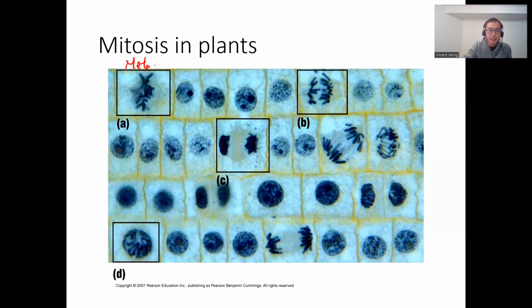Very good, because it's all in the middle. How about this one? Anaphase, very good. You can see that they are being pulled apart. How about this guy? Okay, we have prophase. Anyone else?